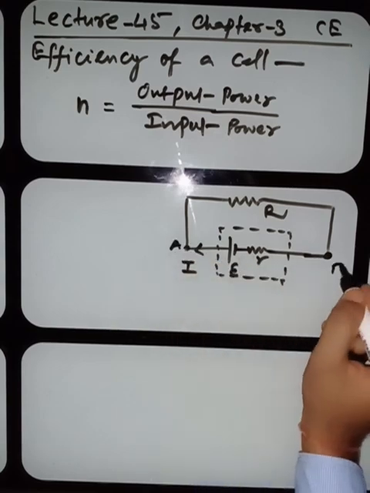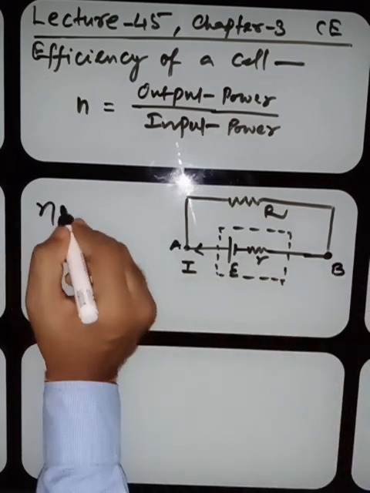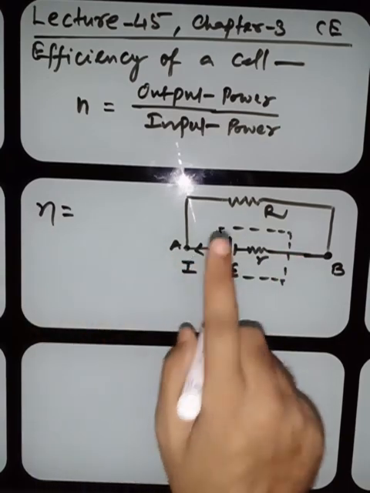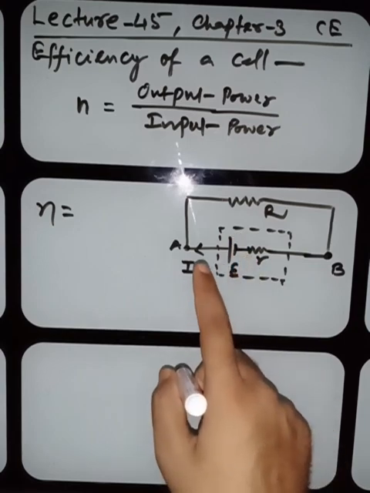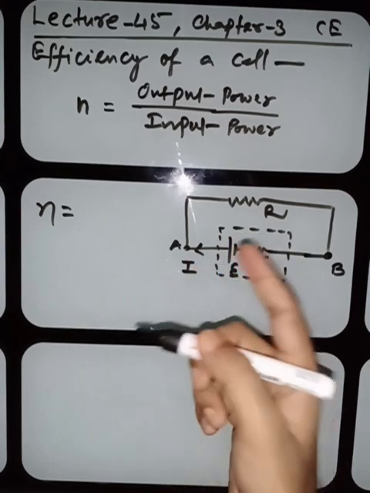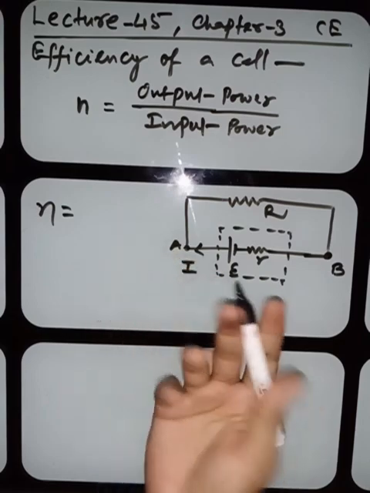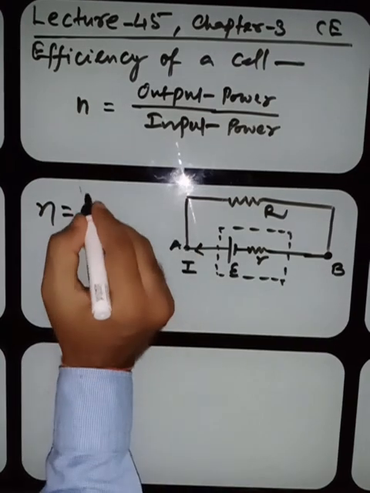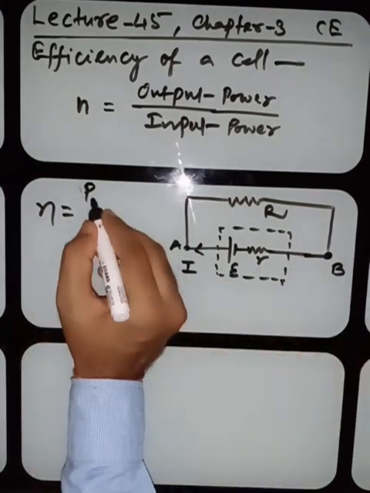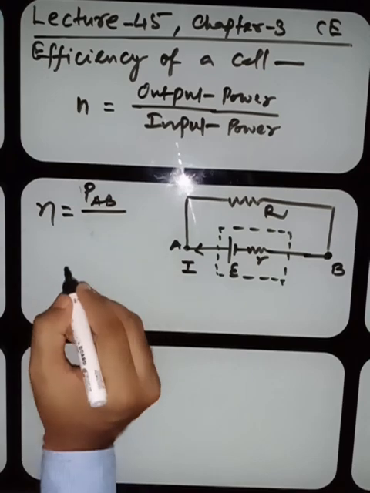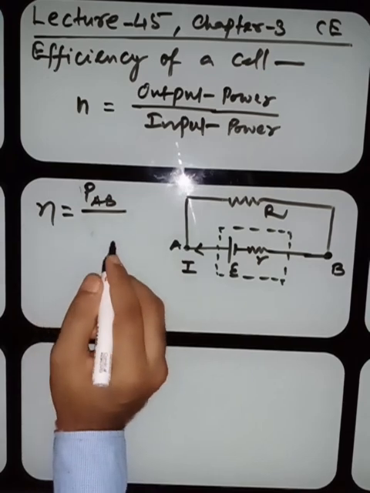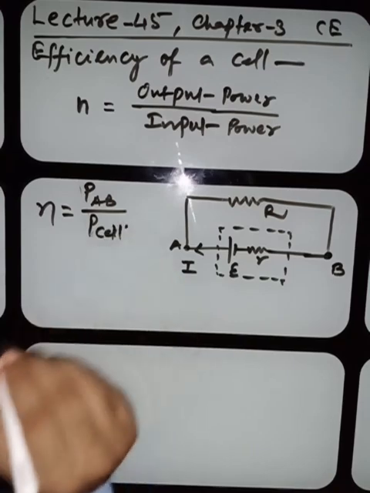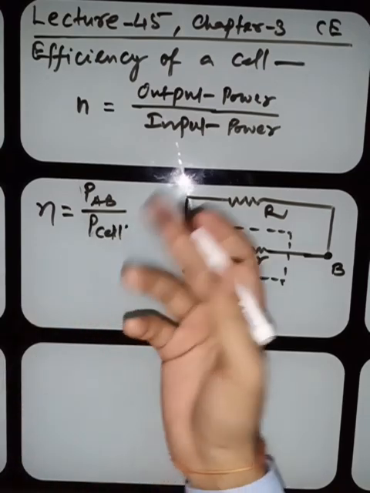Let me write, this is A and B. So for efficiency, we can write the energy, or you can write the power across AB divided by the power of the cell.